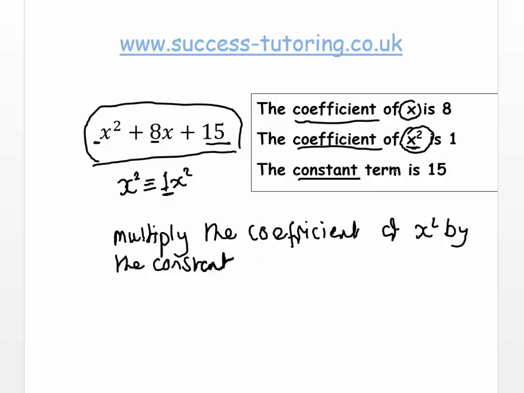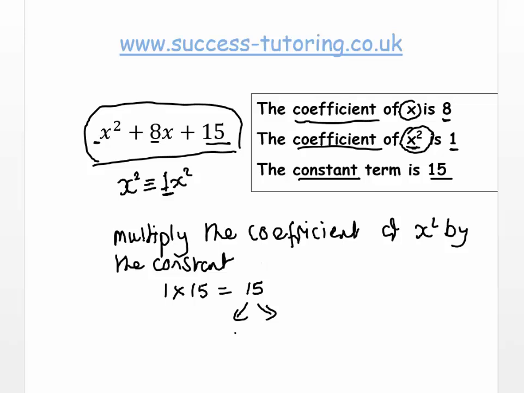We know the coefficient of x squared is 1 and the constant term is 15. So 1 times 15 is going to be 15. But now listen very carefully. We need to find two factors of 15. So we need to find two numbers that multiply to give me 15, but they must add up to give me the coefficient of x.